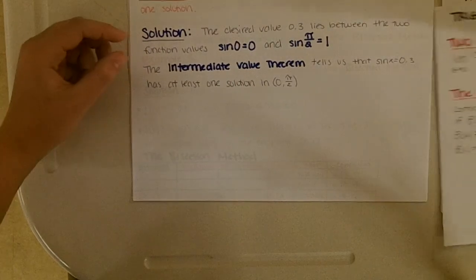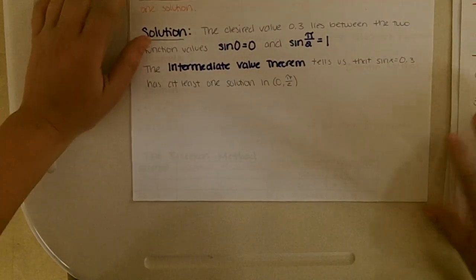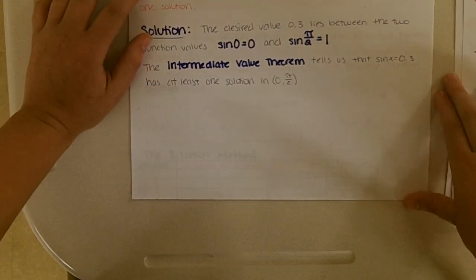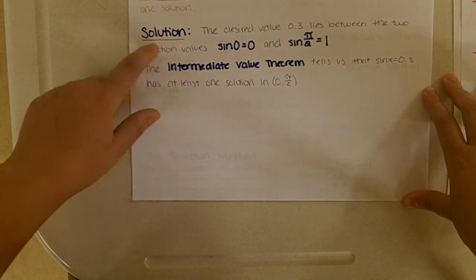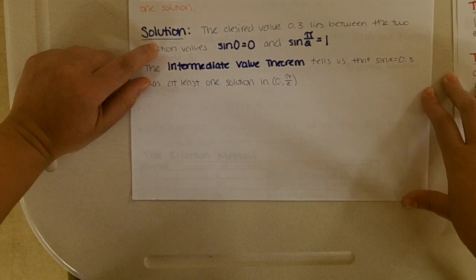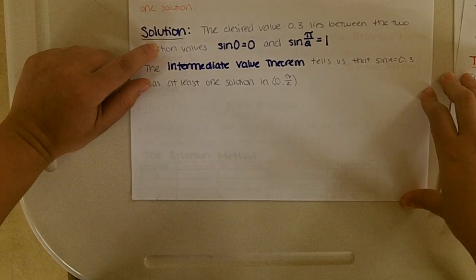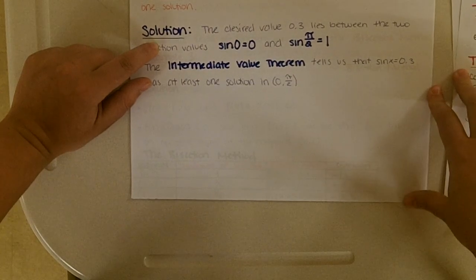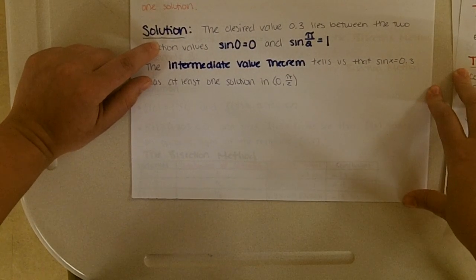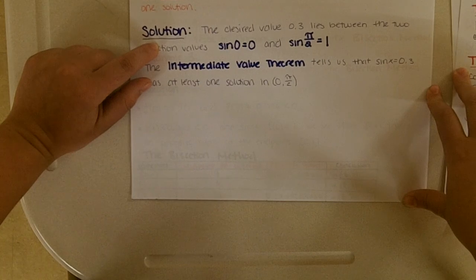And on to our second example. Prove that the equation sine of x equals 0.3 has at least one solution. So we can apply the intermediate value theorem, which I'm going to abbreviate to the IVT from now on, since sine of x is continuous. We choose an interval where we suspect the solution exists.